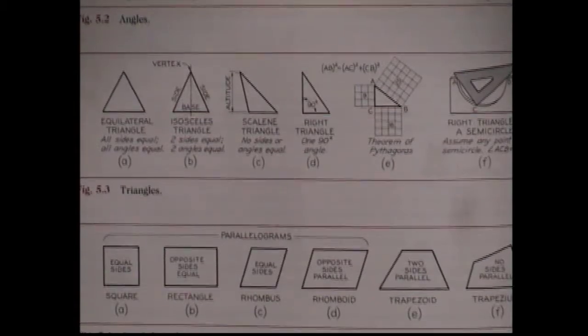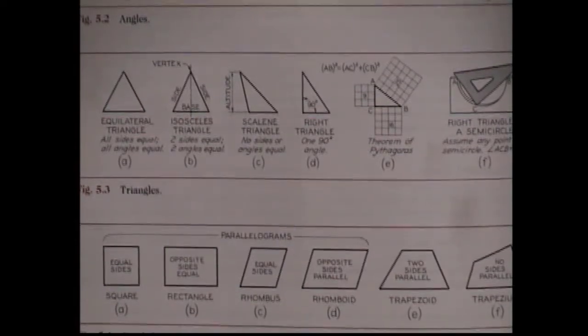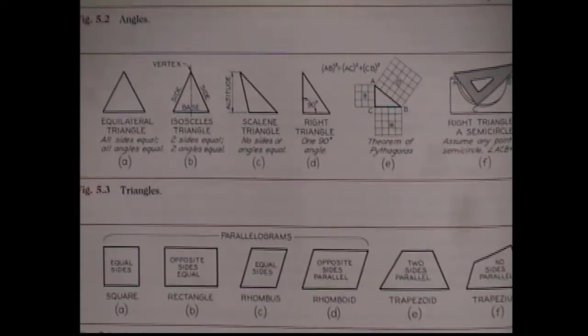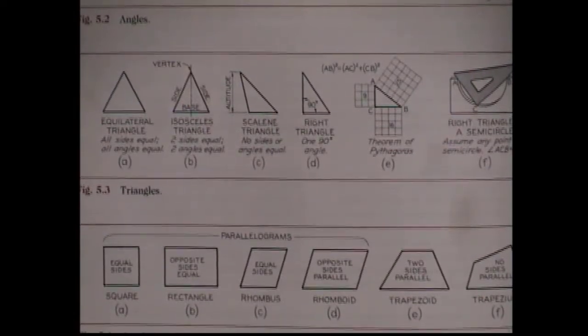Okay, now an isosceles triangle has two sides that are equal and two angles that are equal. So isosceles, and you can see how it's spelled there.